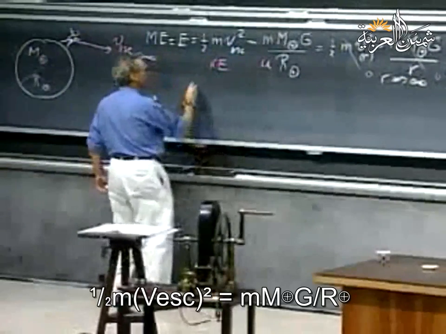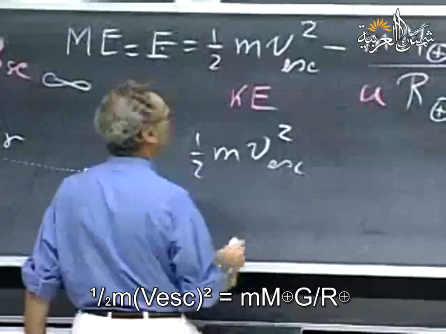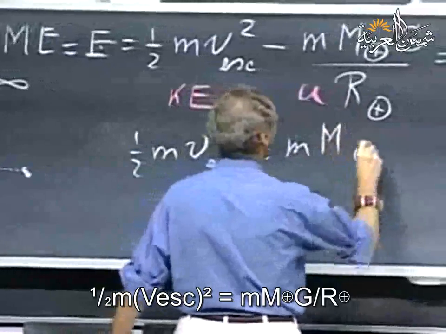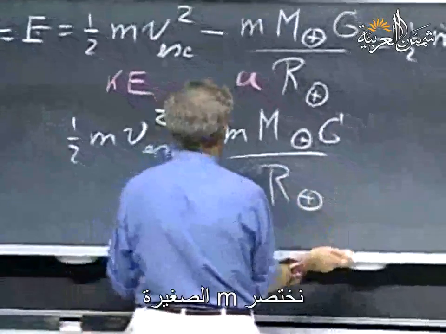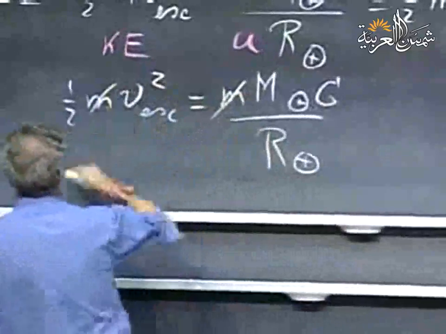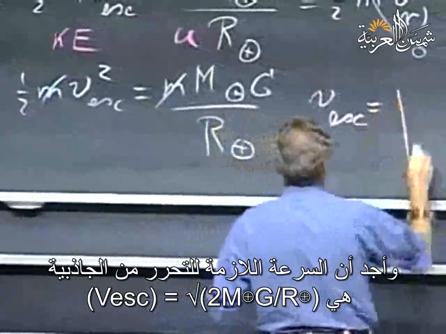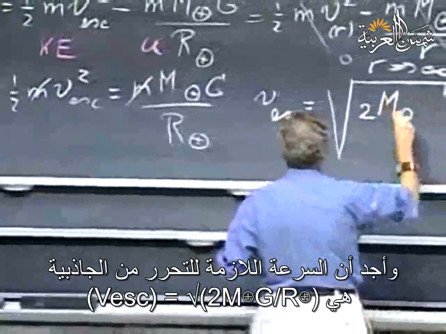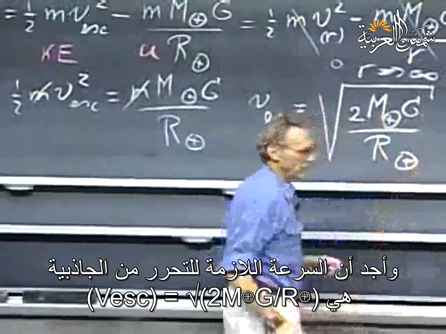And so we find that 1/2 m v escape squared equals m M_Earth G divided by the radius of the Earth. I lose my little m, and I find that the escape velocity that I have to give you is the square root of 2 M_Earth G divided by the radius of the Earth.